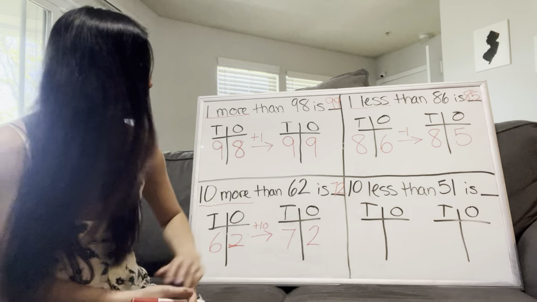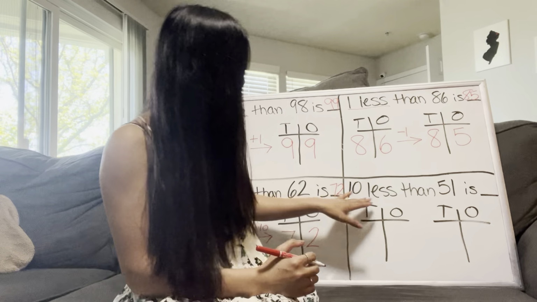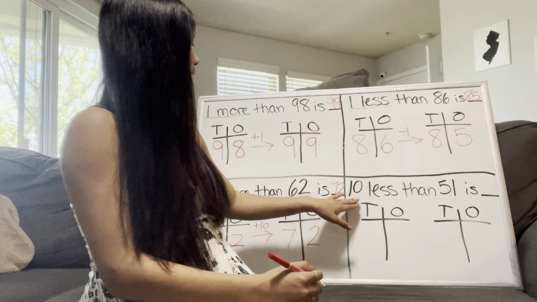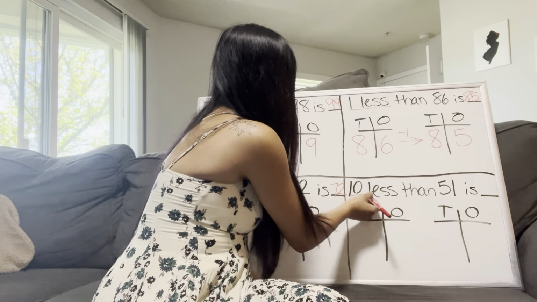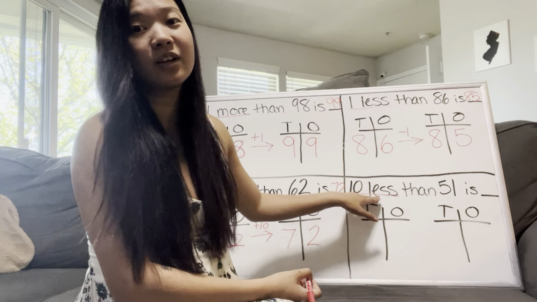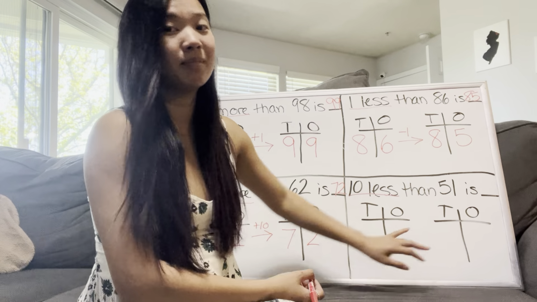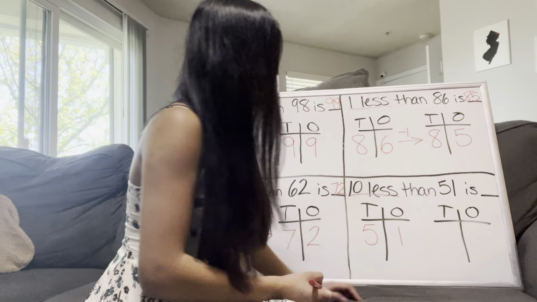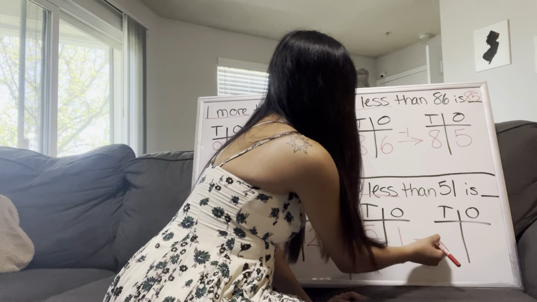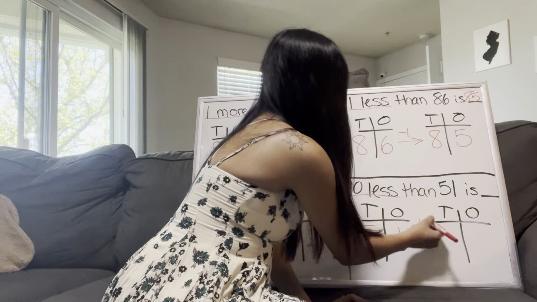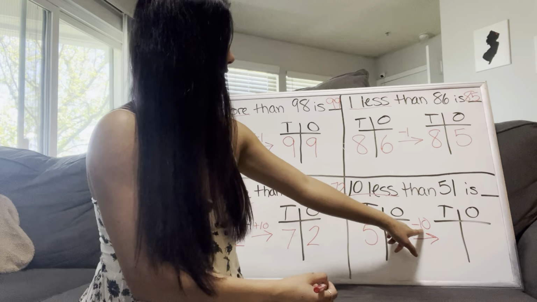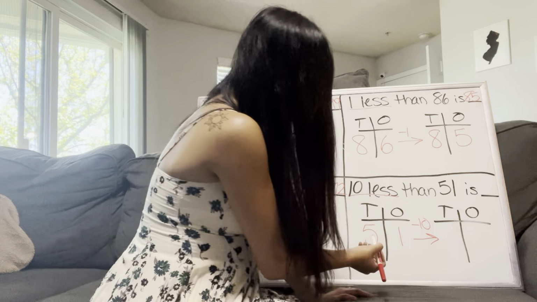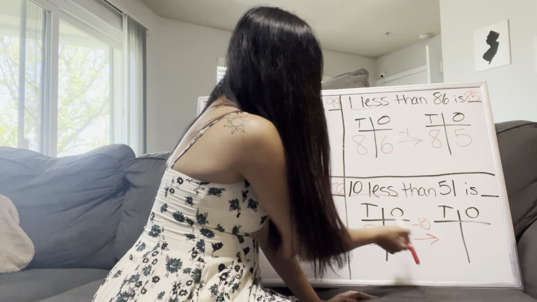And then my last one is 10 less. 10 less than 51 is, so I look over here and I see 10 less. That tells me that I need to take away 10, and I will keep that in mind with my arrow. So 51 minus 10, I subtract 10.